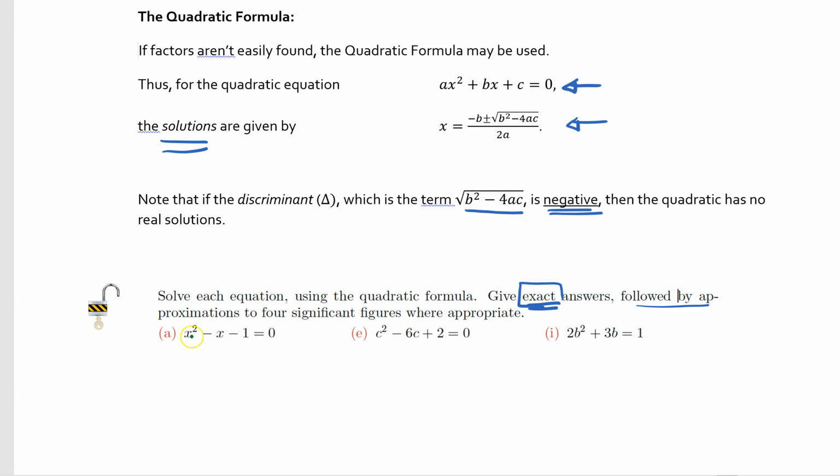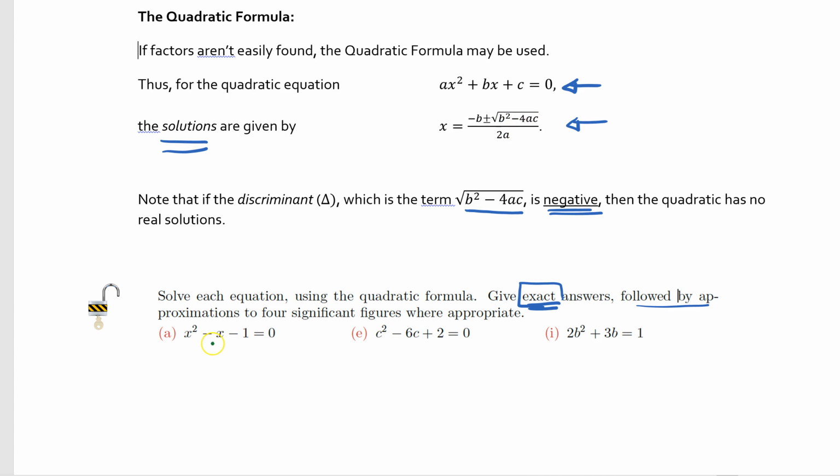My first inclination is always to factorize if I can. So I always try: are there two numbers that multiply to -1 and add to -1? And after a little bit of thinking, I conclude no. So that means that I'll need to use the quadratic formula. I could do this really quick double check to see whether it even has solutions.